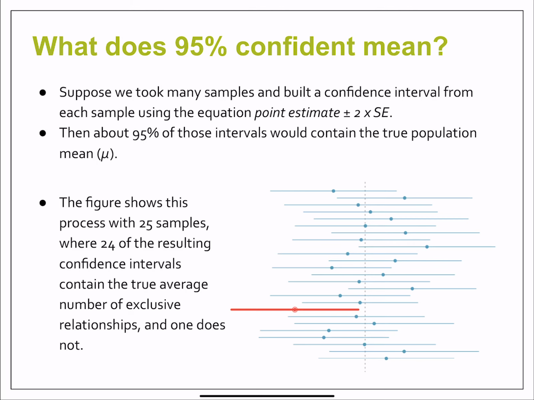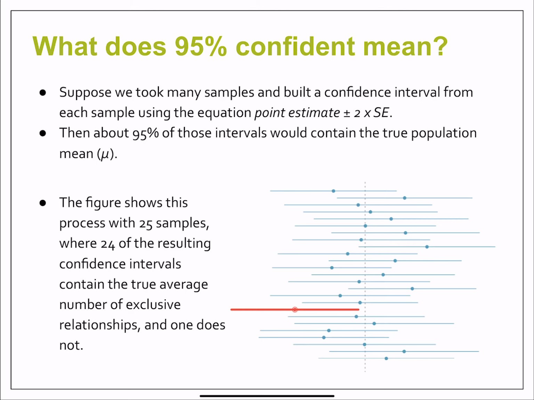What that means, the 95% confidence, is basically saying that we're 95% confident, and when we looked at all of these different samples we took, only 5% of them did not include the actual population mean.